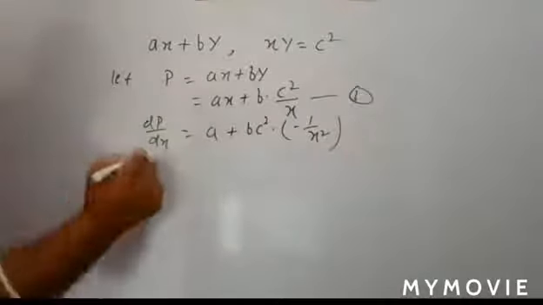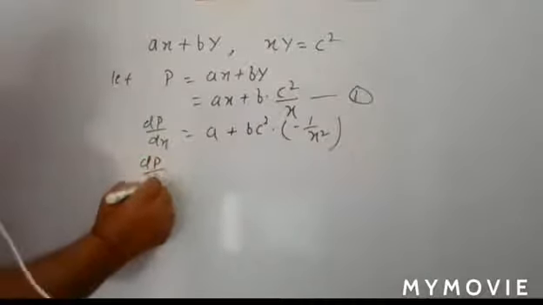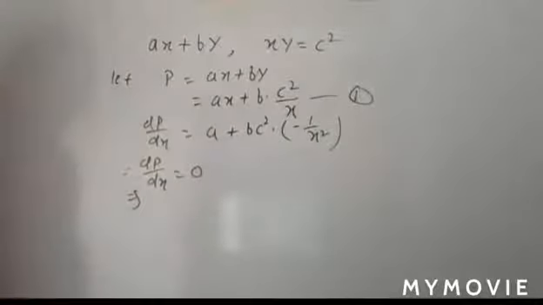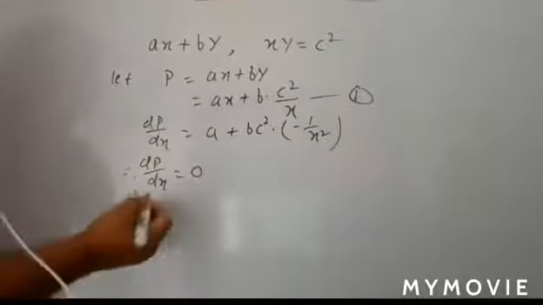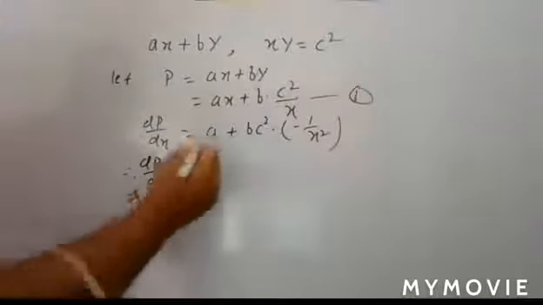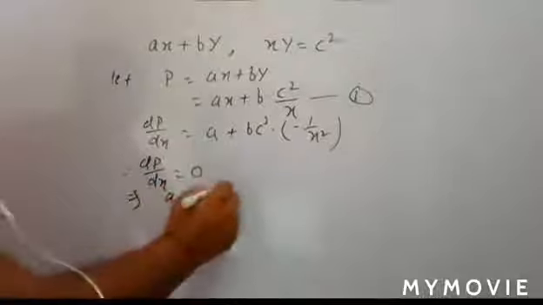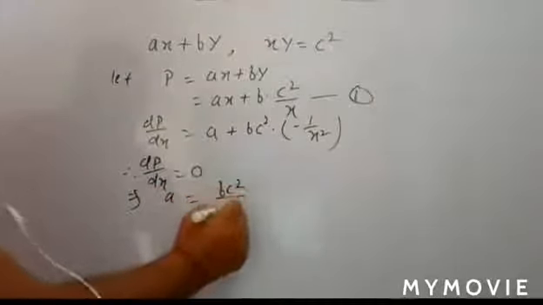Now you're taking this complete value as 0. So dp by dx is equal to 0 implies a is equal to bc square upon x square.